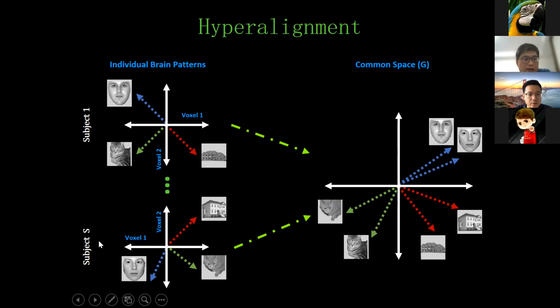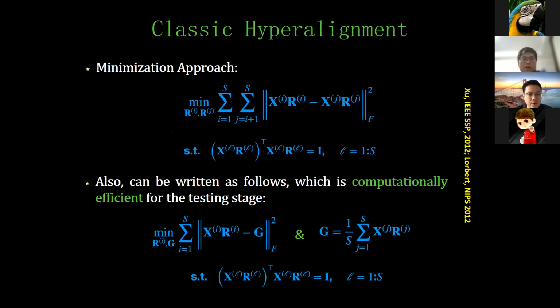For subject S, we can see the perceived images of a fish and a house are very different from subject 1. So here we use functional alignment. We want to align the different patterns into a common space. So in the common space for subject 1 and subject S, their patterns will be similar. Okay. So this is the main idea.